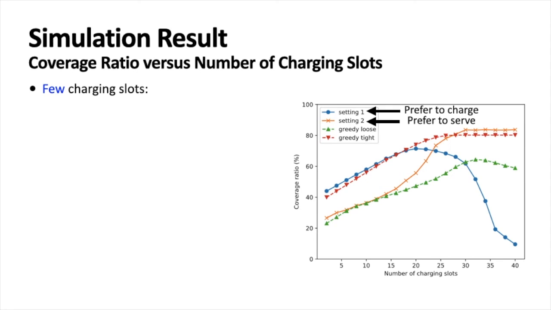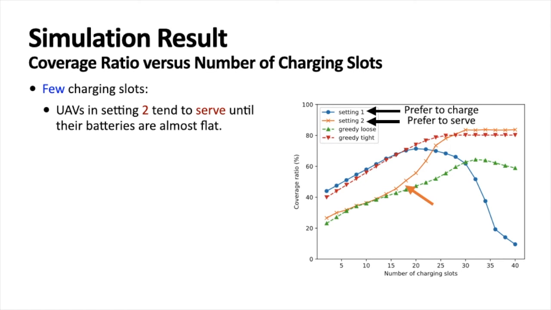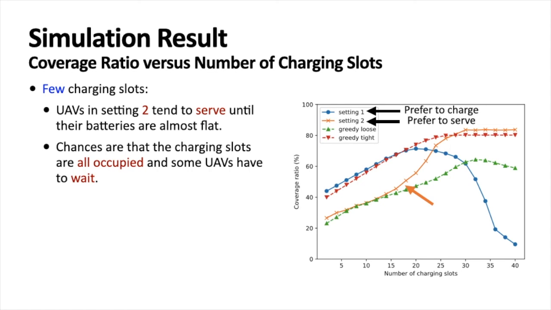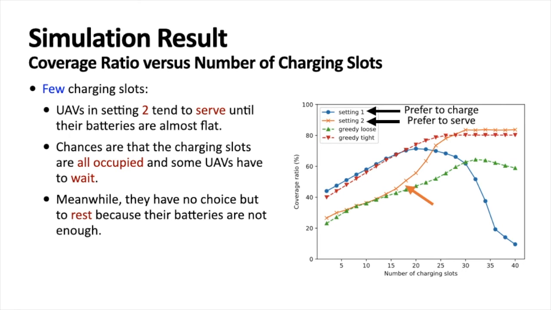Speaking of the situation of few charging slots, UAVs in setting 2 tend to serve until their batteries are almost flat. Chances are that the charging slots are all occupied and some UAVs have to wait. Meanwhile, they have no choice but to rest because their batteries are not enough.